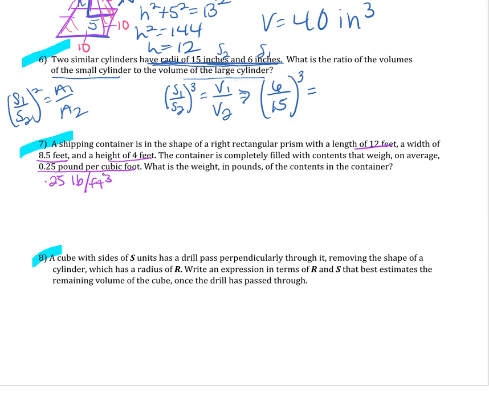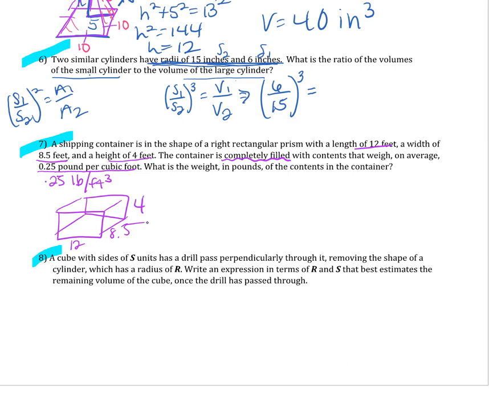So it doesn't straight out say find the volume, but when it talks about completely filling something, that's volume.